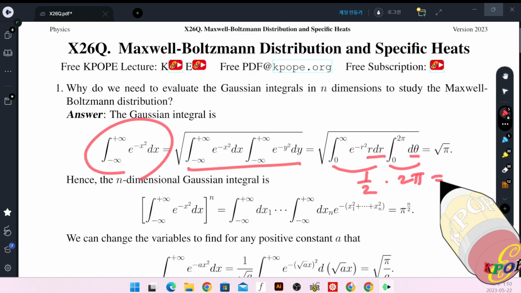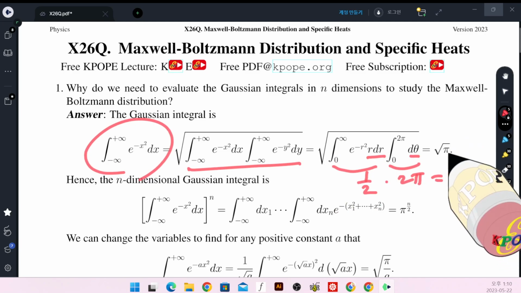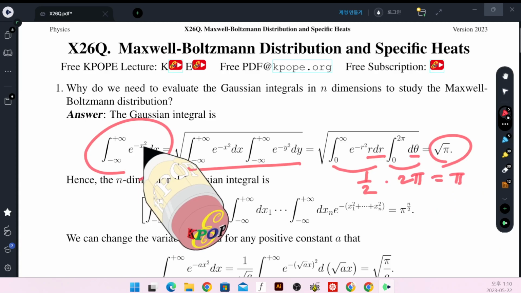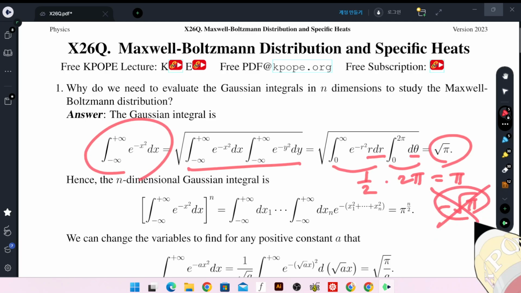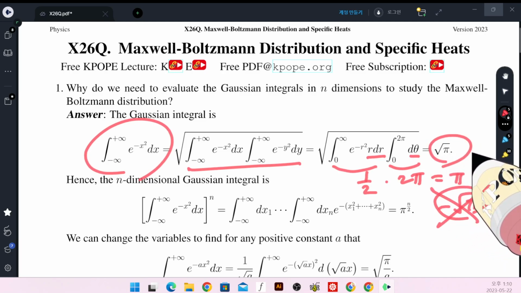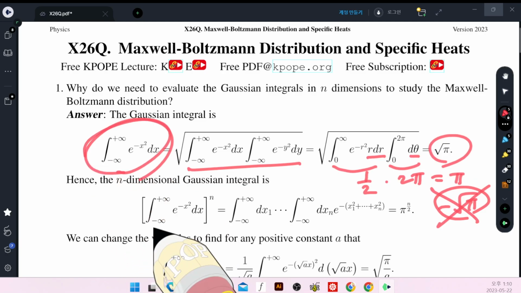To find this pi, after taking the square root, we find the value of this integral is square root of pi. Sure, it is positive definite, so it is impossible to have minus square root of pi. We multiply this square root of pi by n times, that is equivalent to the product of n such Gaussian integrals.